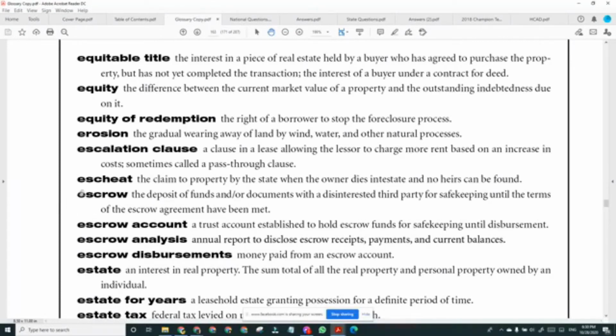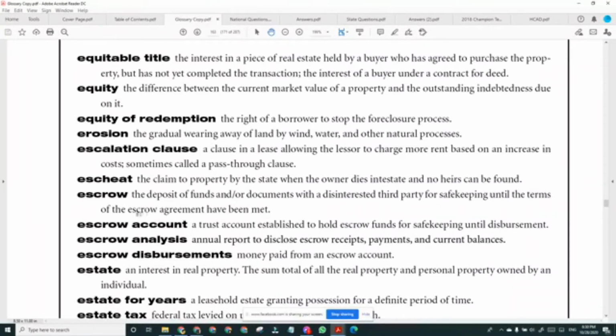And there is an escrow amount that is left with the title company, and that is a third party. The escrow can also be with the lender. The lender requires escrow, meaning they want you to include the taxes and insurance with the monthly mortgage payment. Therefore, they create a little escrow, a safekeeping, until the escrow agreement has been met.